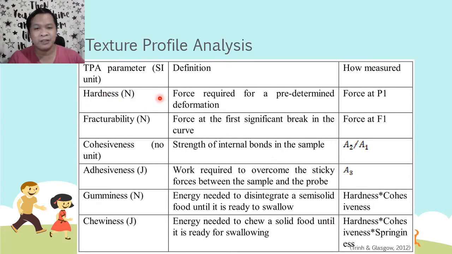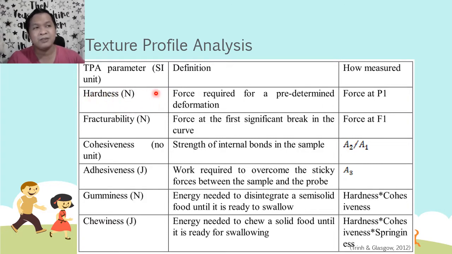Hardness is the force required for a predetermined deformation, which is typically yung point at peak P1 kanina dun sa previous slide. What this means, of course, is kapag halimbawa, ang predetermined deformation mo is 50%, this is arbitrary, no? Ikaw bahala mag-set nun unless may protocol kang sinusunod. The more force needed to deform your sample to a certain degree, then the harder it is.